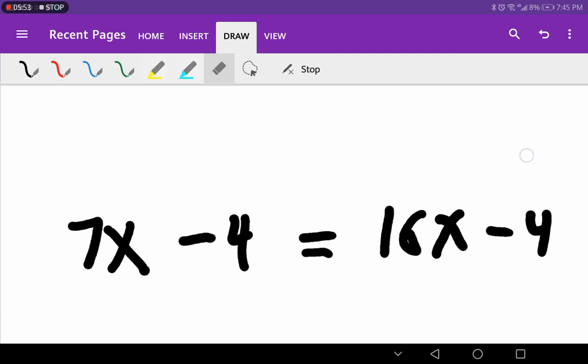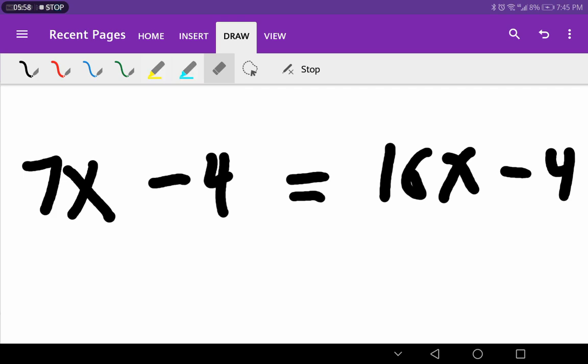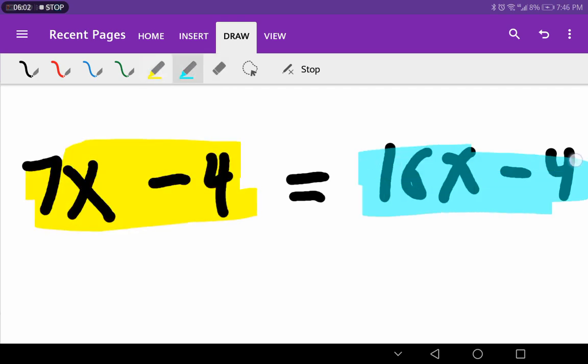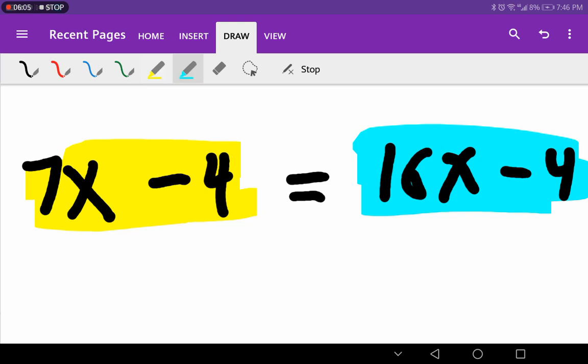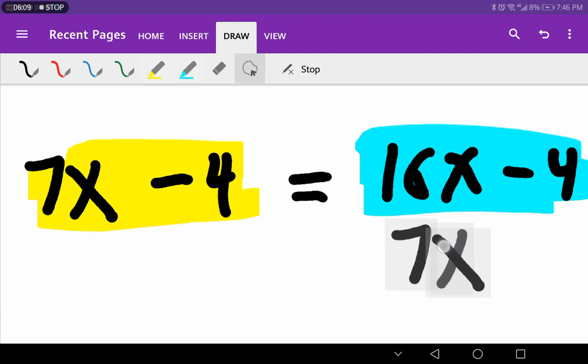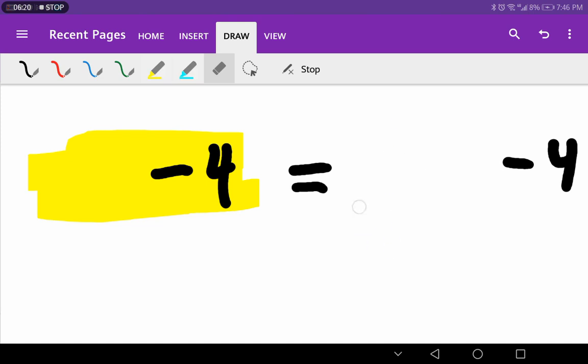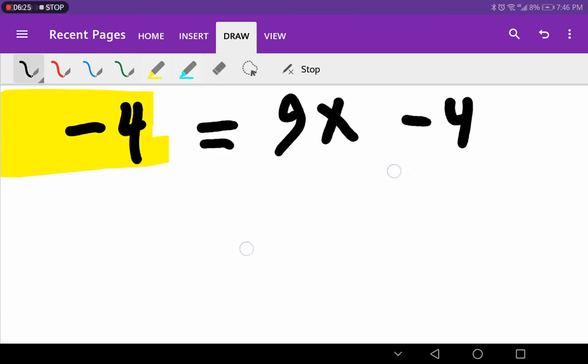Erase this, we don't need it. Now we will move this here, but remember we have to change the 7x to negative 7x, and 16 minus 7 equals 9. So I will erase this, it will be 9x. Now we have this equation.